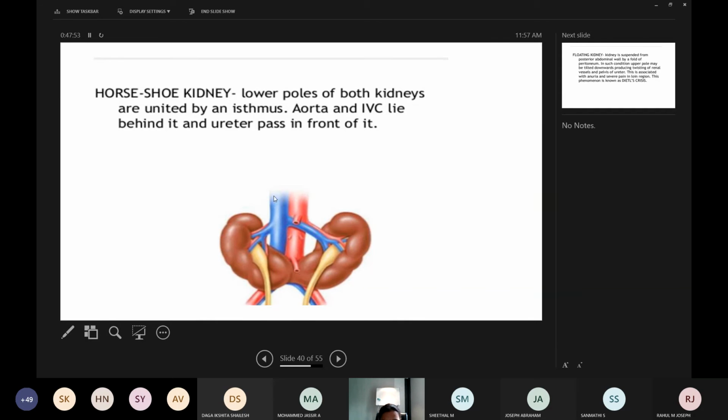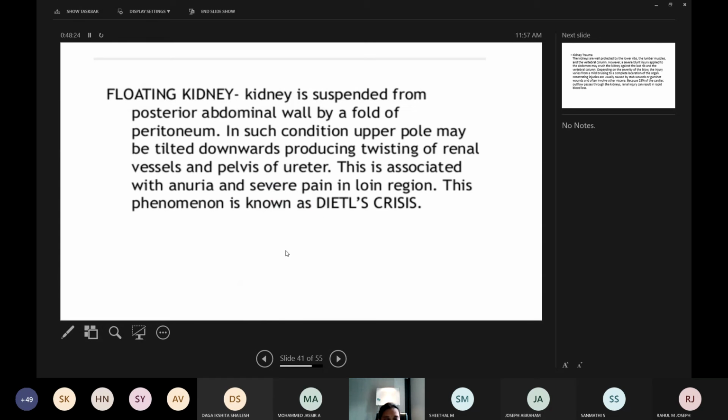Here the further ascent is prevented by the origin of the inferior mesenteric artery. This is the superior mesenteric. The lower part, which is fused, lies in front of the aorta and the inferior vena cava.